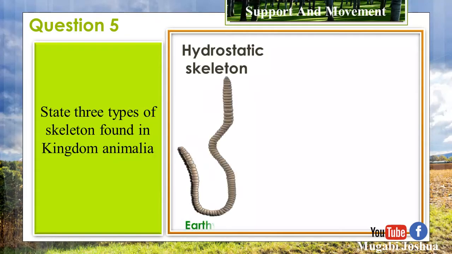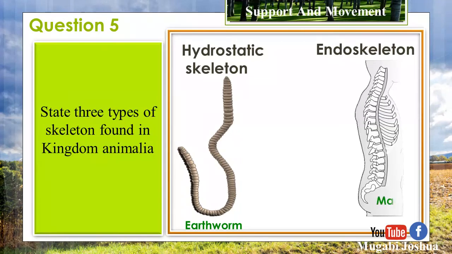We have the hydroskeleton. Hydroskeleton is a type of skeleton found in the earthworm. It consists of water. Then we have the endoskeleton, like the one found in man.